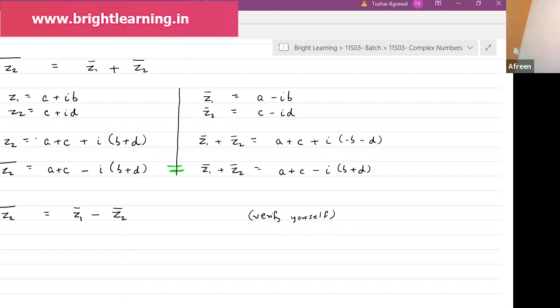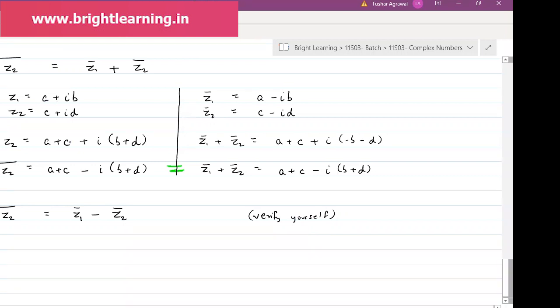Same method, just what gets replaced in the above thing is Z1 minus Z2.